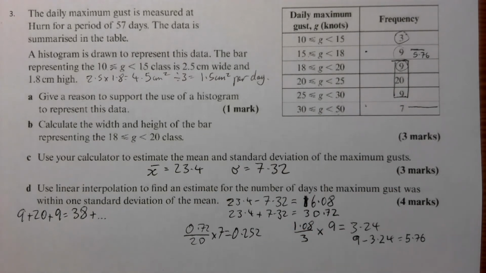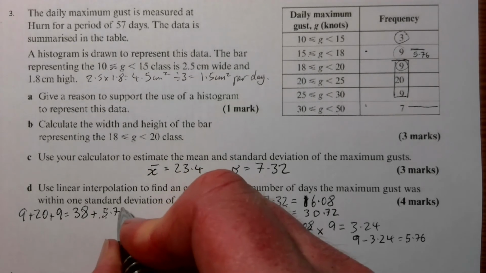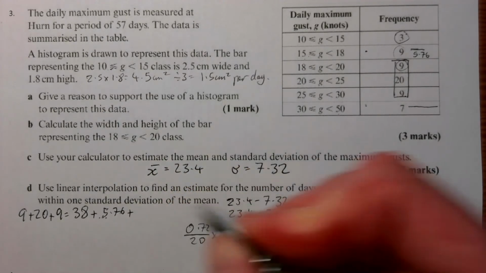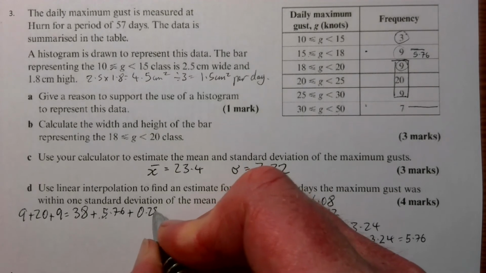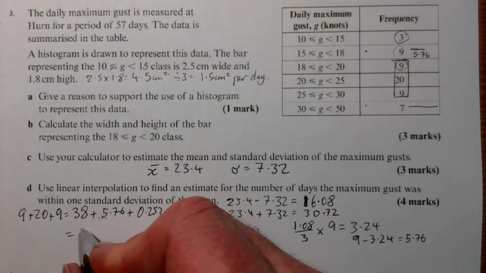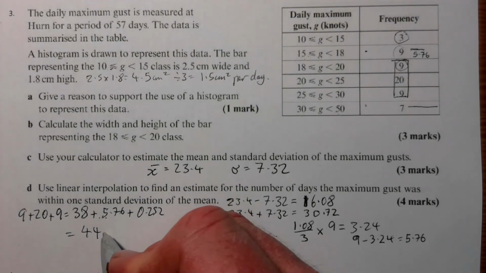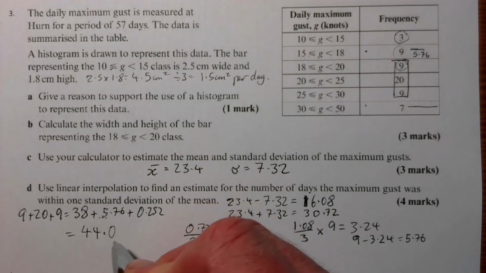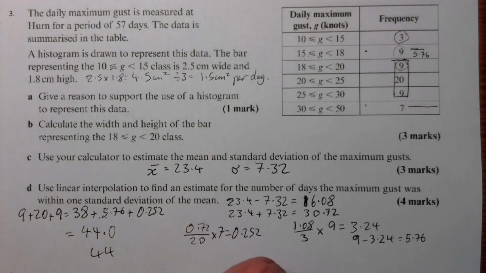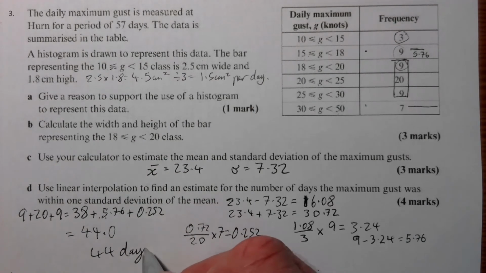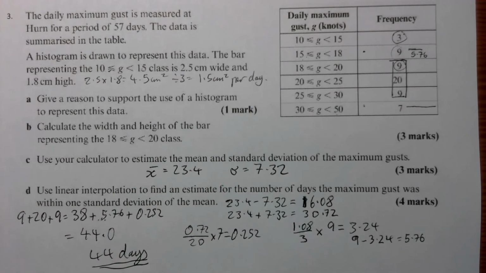So we are going to add to the 38 the 5.76 and the 0.252, and if you do that you get 44.0 to 1 decimal place, so we're just going to say 44 days will be our estimate for the number.